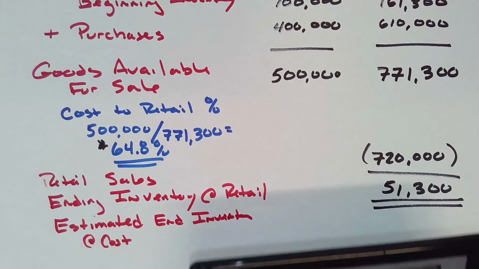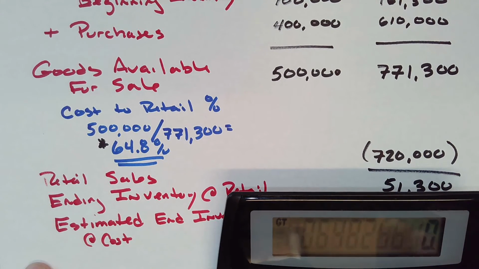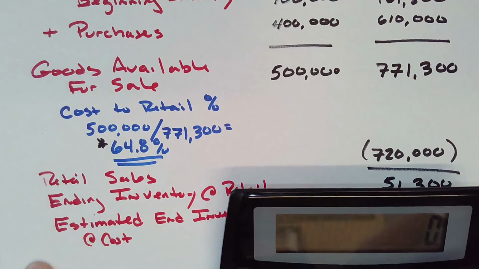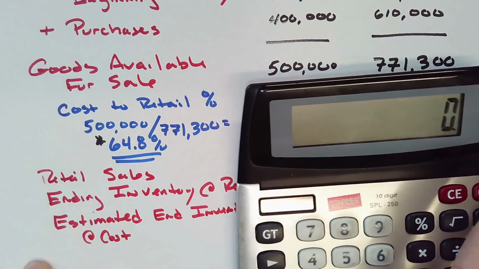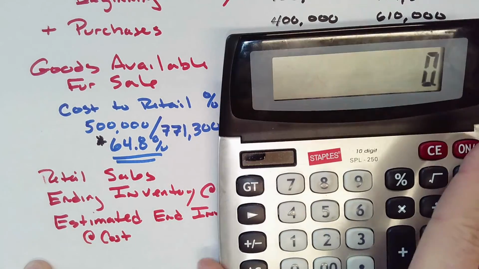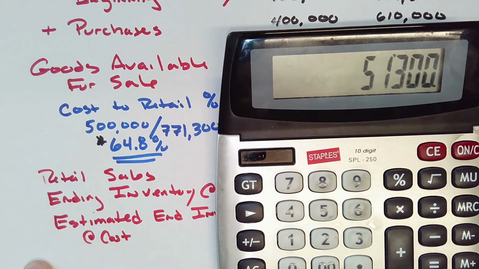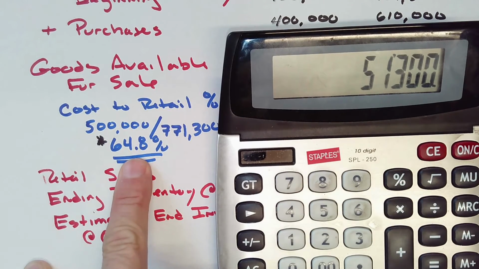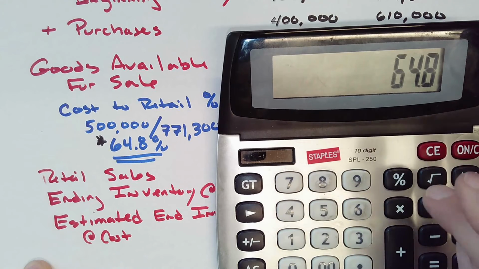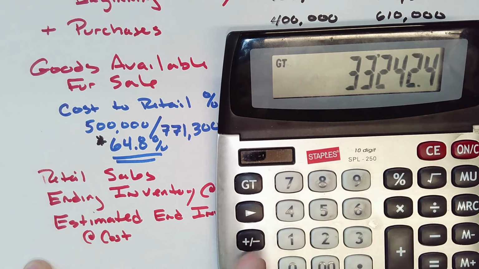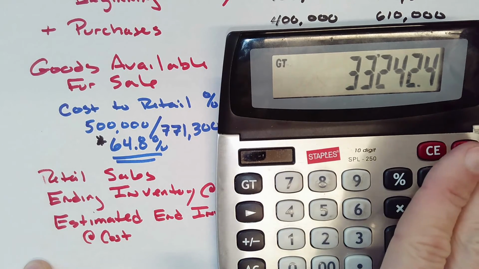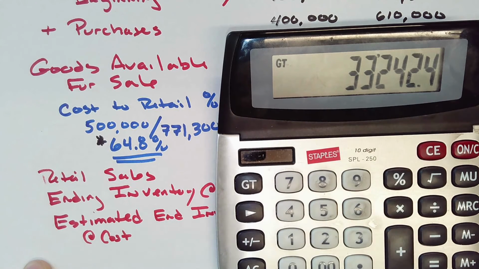So here's our 64.8, I'm going to get rid of that because I want to use the rounded number. So I'm going to take my 51.3 times my 64.8%, and that gives me an estimate of my ending inventory cost.